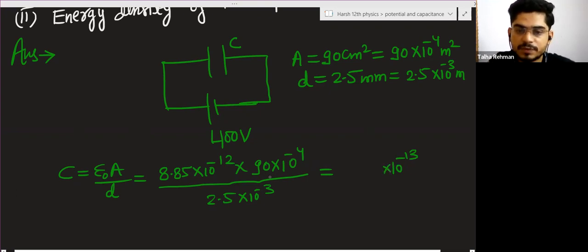So this will become 8.85 into 36 into 10 to the power minus 13 farad. And you can multiply this now.